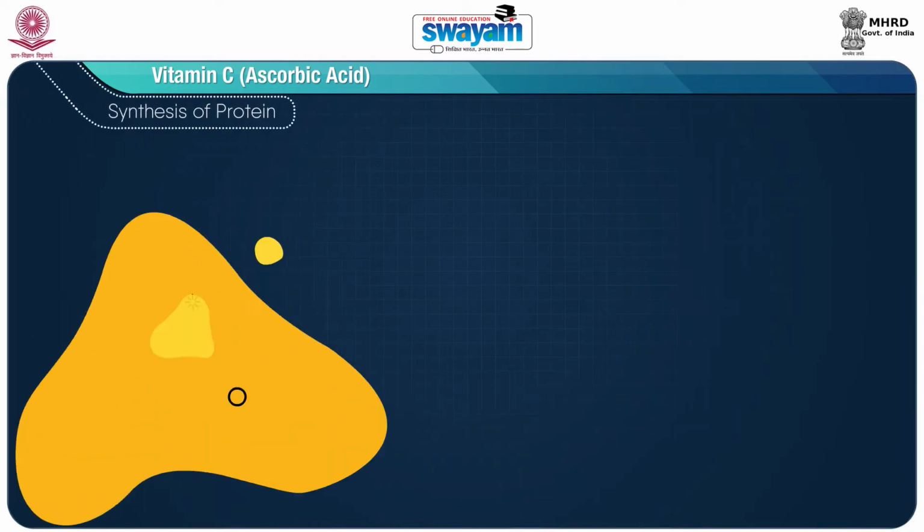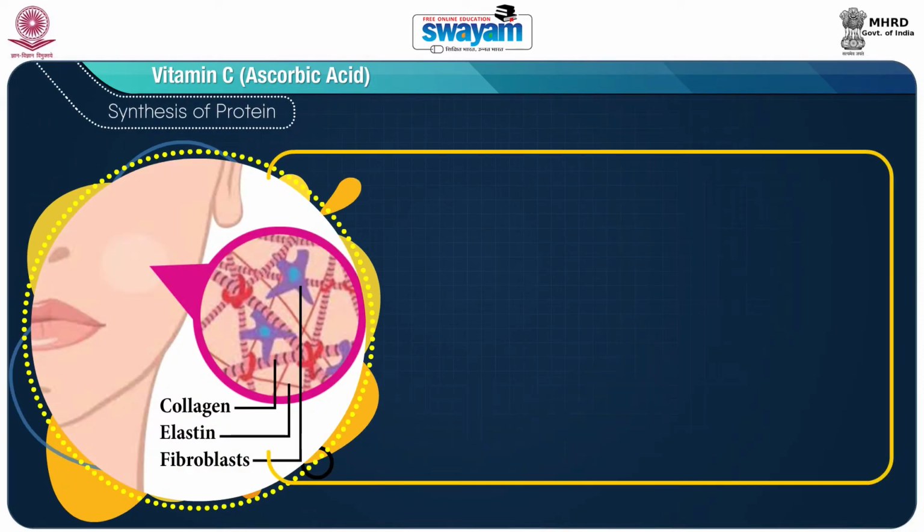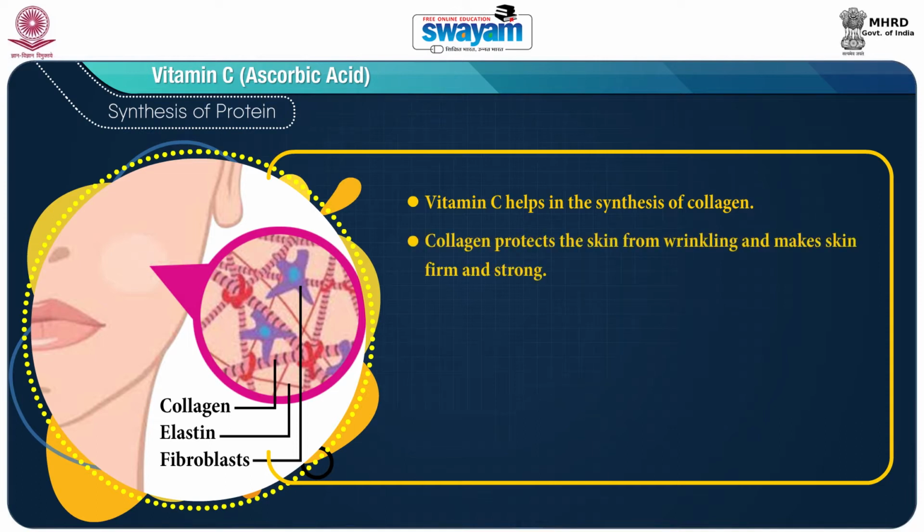Now, role of vitamin C in relation to synthesis of protein. Another important function of vitamin C is its role in the synthesis of protein. Vitamin C helps in the synthesis of collagen. Collagen protects the skin from wrinkling and makes the skin firm and strong.